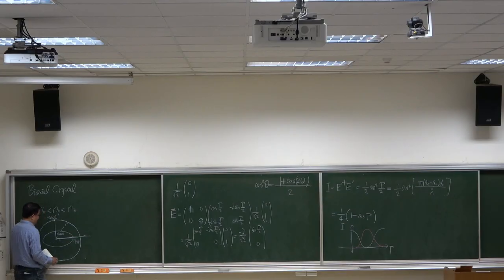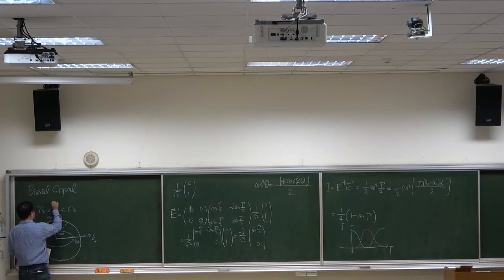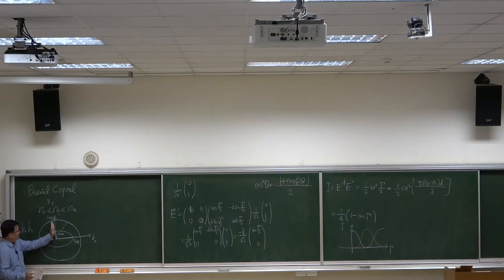Okay, and if you have the b vector along the x direction, here this is the x direction, here this is the y direction. If you have the wave vector along the y direction, but the e vector and b vector along the x direction, then this corresponds to this point, which means the refracting index now is equal to nx.